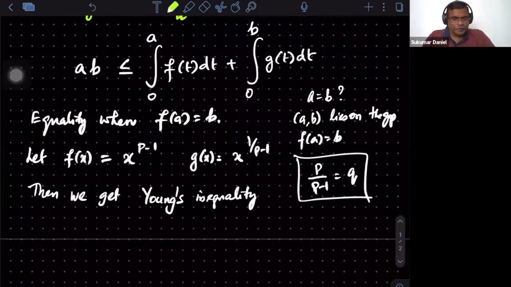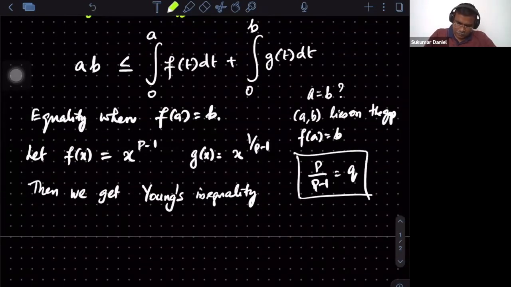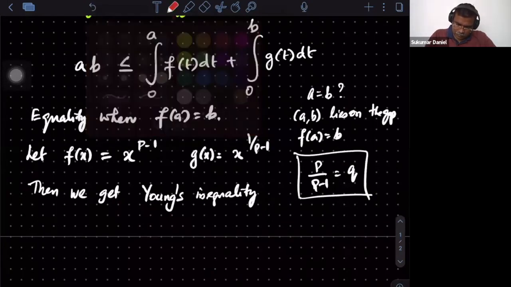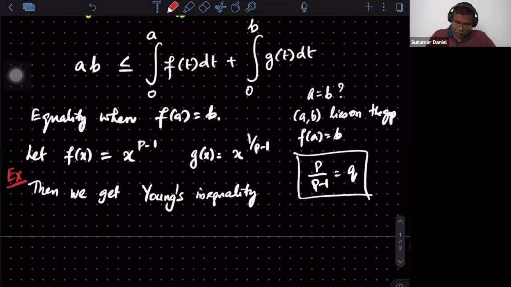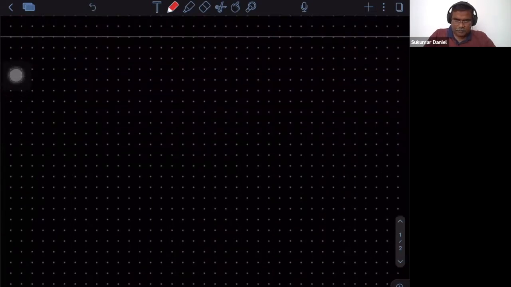Okay. Verify. It's not even an exercise, you have to check. Right. Okay, so we are going ahead. Is there any doubt as of now?